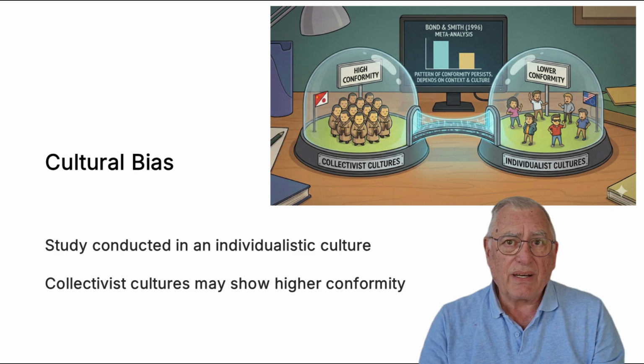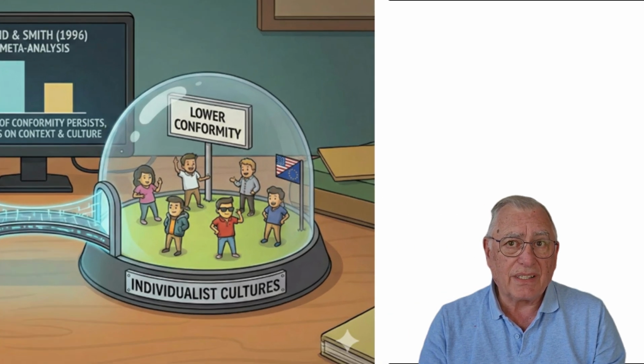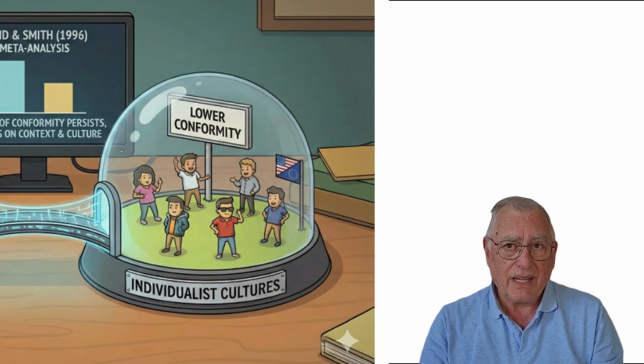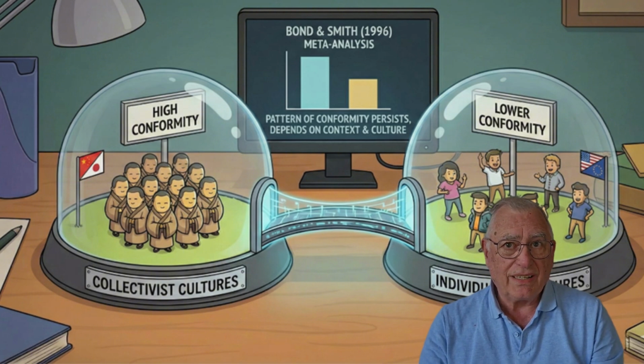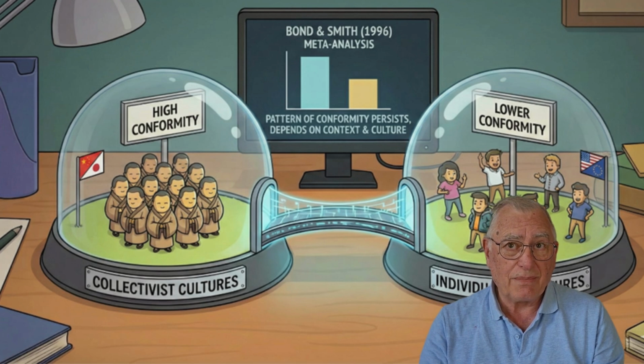Asch's study was carried out in an individualistic culture where people are encouraged to act independently and pursue their own goals. In contrast, collectivist cultures such as those in China and Japan prioritize group harmony, loyalty, and interdependence. And because of this, people in collectivist societies often show higher levels of conformity.